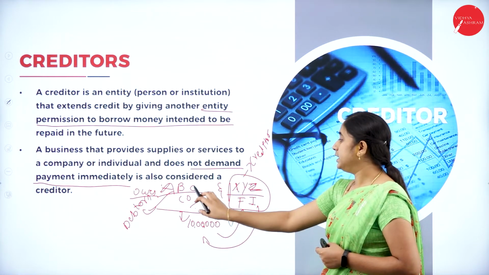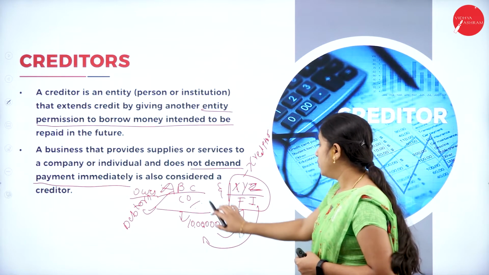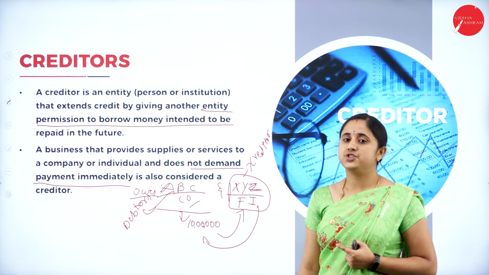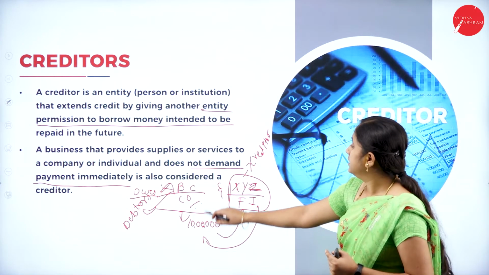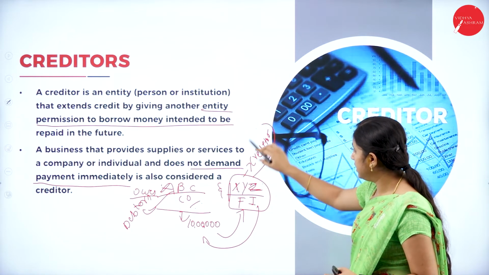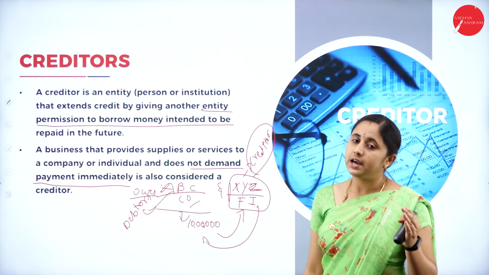Now in ABC Company Limited, when they are preparing the financial statement, in their books, they consider XYZ as a creditor.